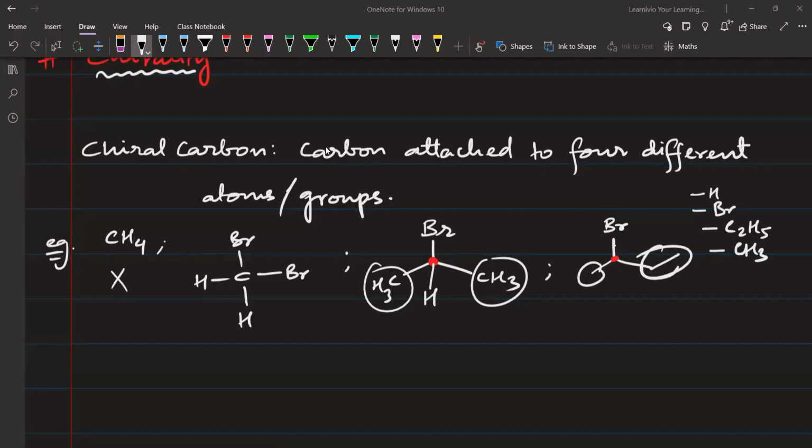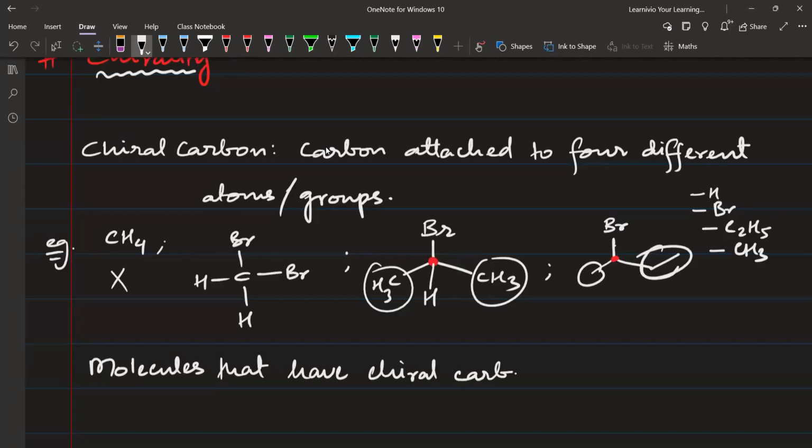Now, molecules that have a chiral carbon are called chiral molecules.